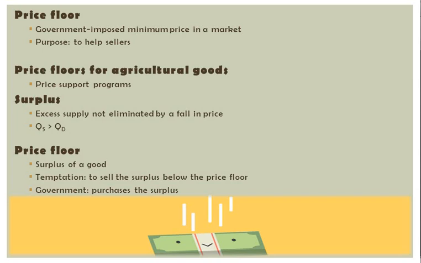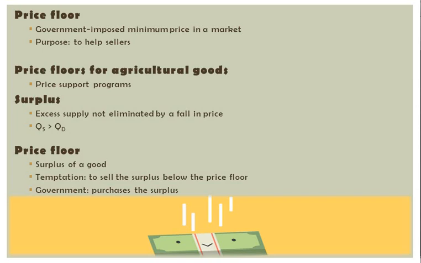So, excess supply not eliminated by a fall in price. So, kapag may price floor tayo, surplus, nagkakaroon tayo ng mas madami or let's say, mas excess na quantity of supply. So, the temptation is to sell the surplus below the price floor.